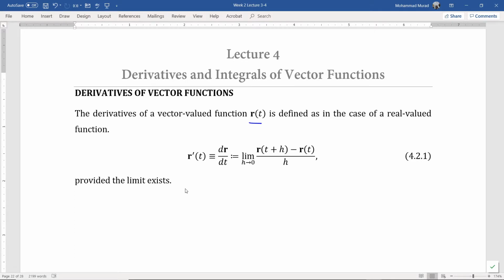So, the derivative of r would be denoted by r prime, or equivalently dr/dt, and is said to be equal to the limit of the ratio as h approaches 0, as shown in equation 4.2.1, provided the limit exists.